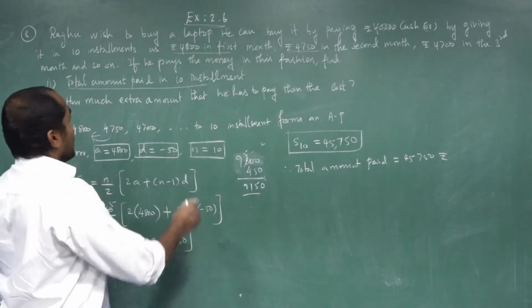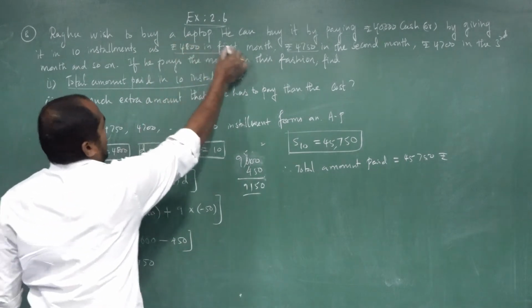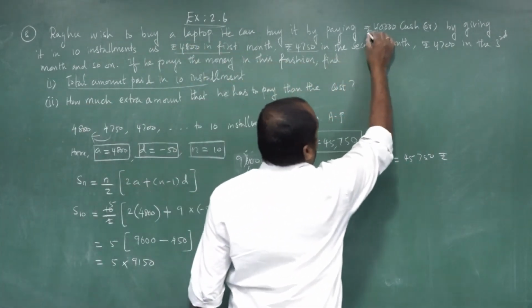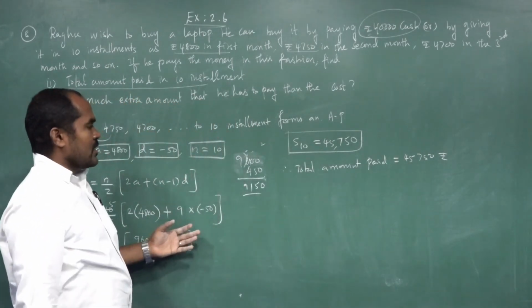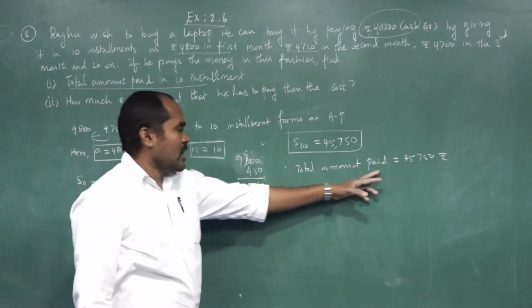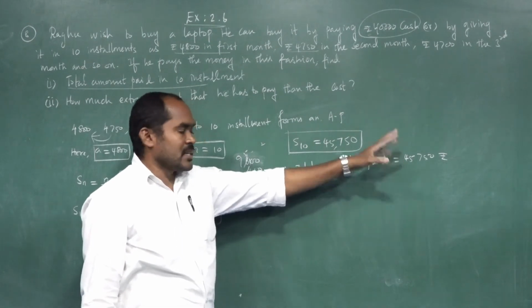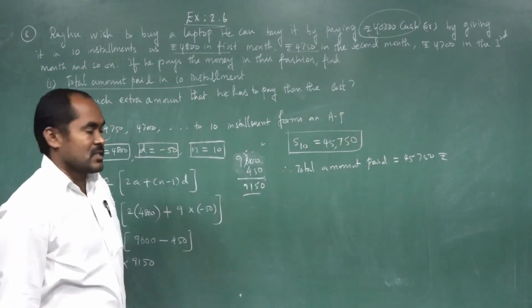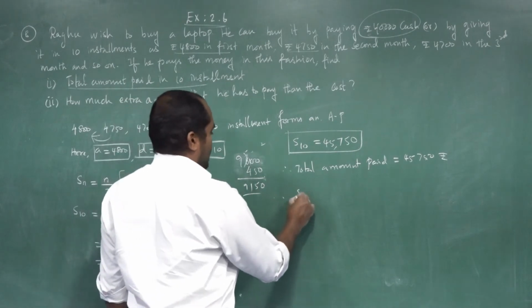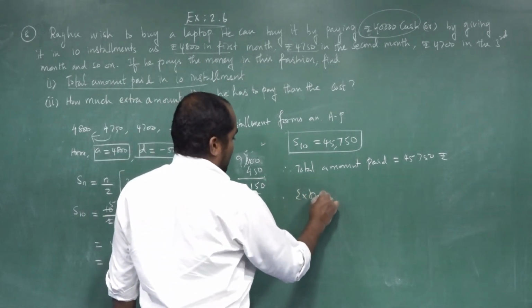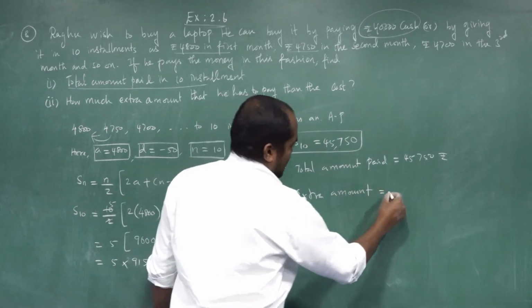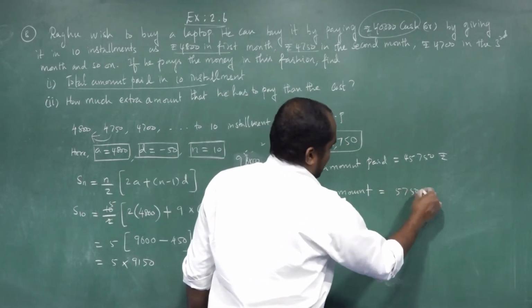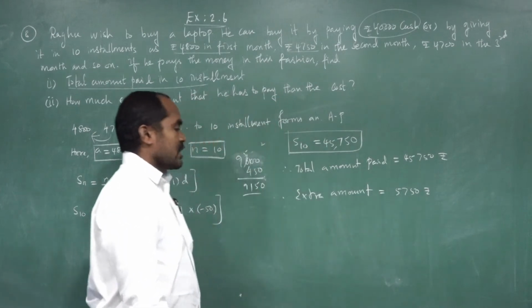What is the cost of the laptop? So laptop cost is given as 40,000. But in 10 installments, he has to pay 45,750. So what is the extra amount? 5,750. Therefore, extra amount is equal to 5,750. So this is our second question answer.